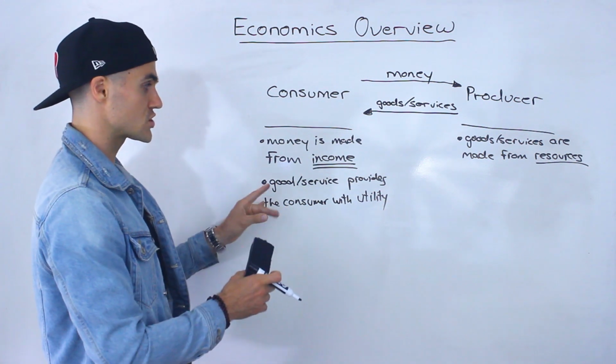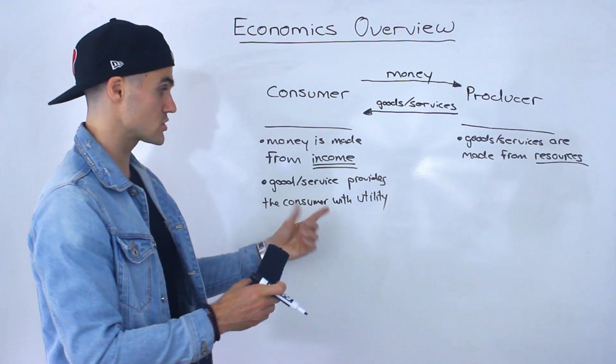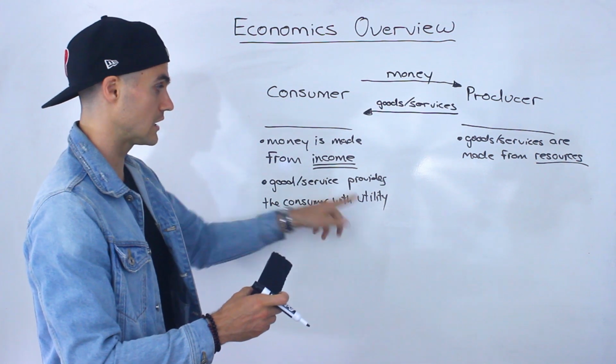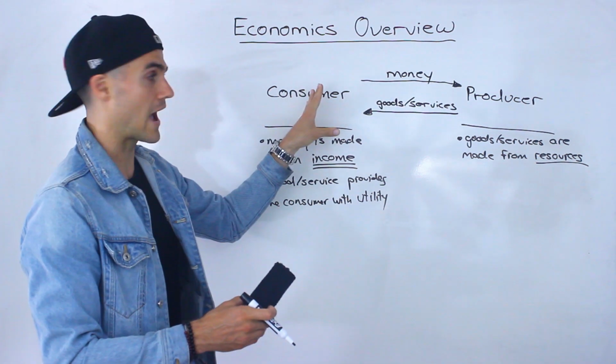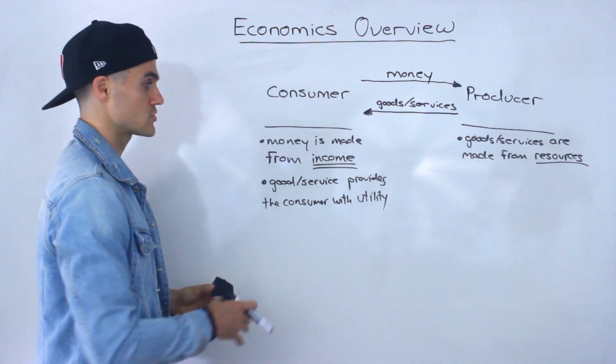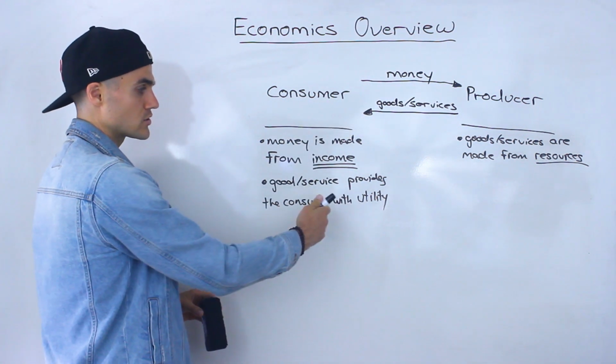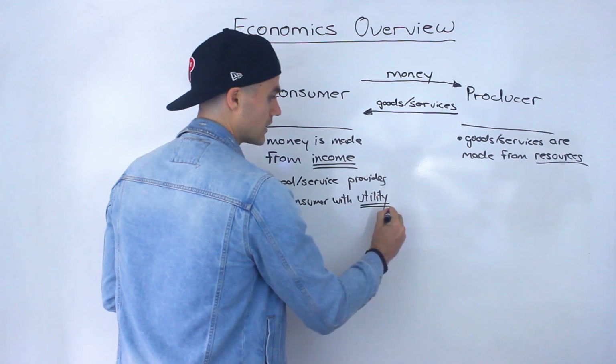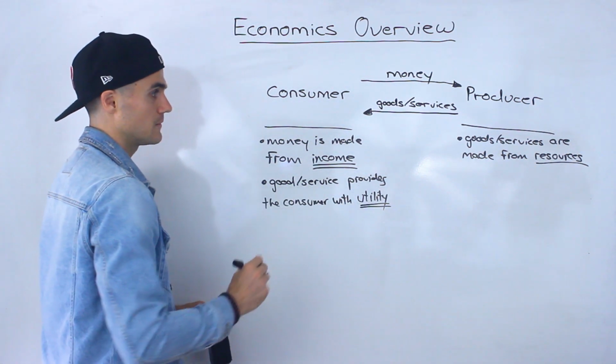So if a good or service ceases or stops to provide a consumer with utility, this transaction will no longer happen. The consumer will not be buying that good or service anymore. So a good or service has to continue to provide the consumer with utility, with a certain satisfaction.